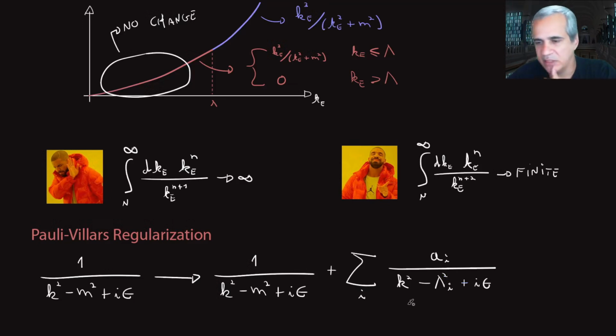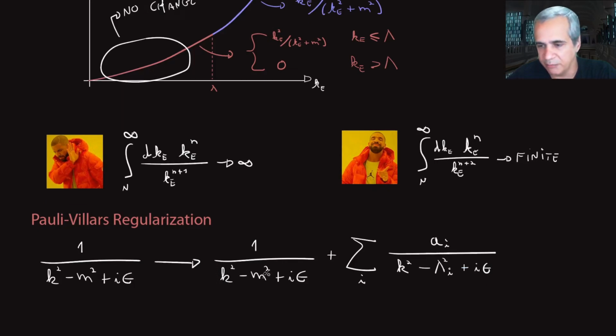So what does this do actually, right? Suppose these a_i are negative. That means if I go to very high momenta, right? So k is bigger than both the mass, the physical mass, and this is what sets the scale I'm interested in, right? So if I'm trying to describe some particle, I'll be around where this particle exists, near its mass, maybe a little bit above it, but that sets the scale I'm looking at.